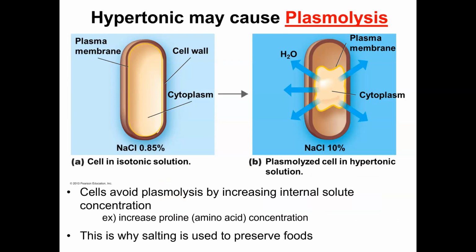Okay, so this is what I want to get to. So what happens in that hypertonic environment? Okay, water leaves the cell, but look at the consequence. The membrane shrinks away from the cell wall, but the cell wall stays intact. This phenomenon is called plasmolysis.